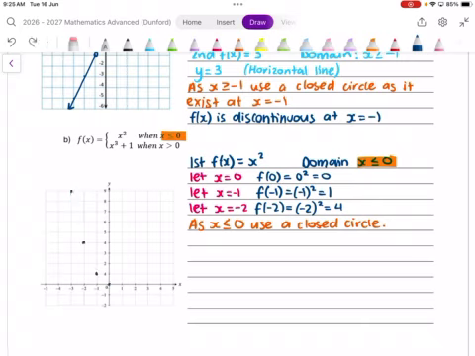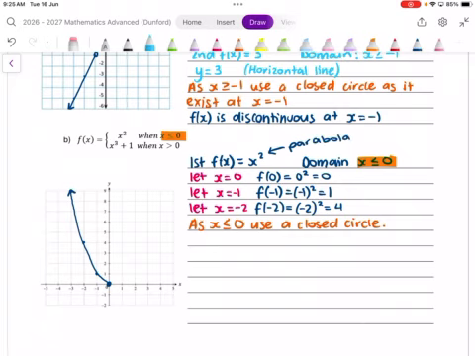Still not happy. Okay, so try and make it nice and curved, and we want a nice closed-in circle there at 0, 0, at x equals 0. It's a parabola.